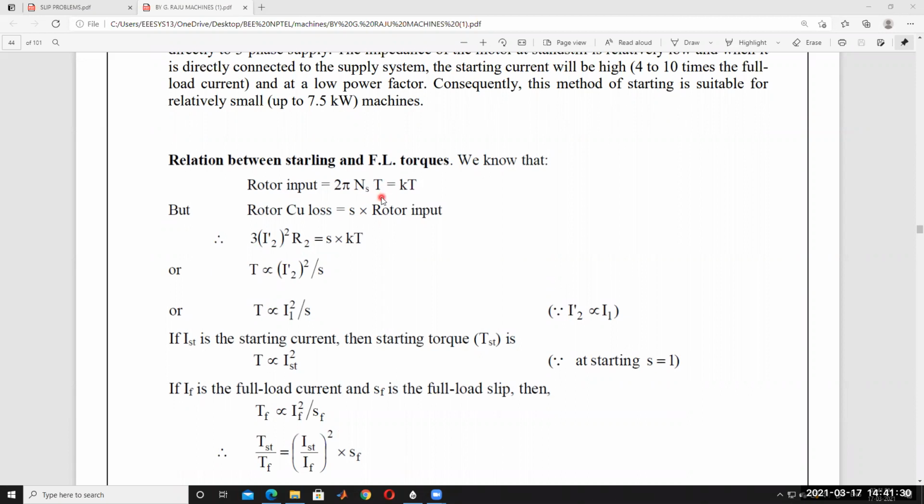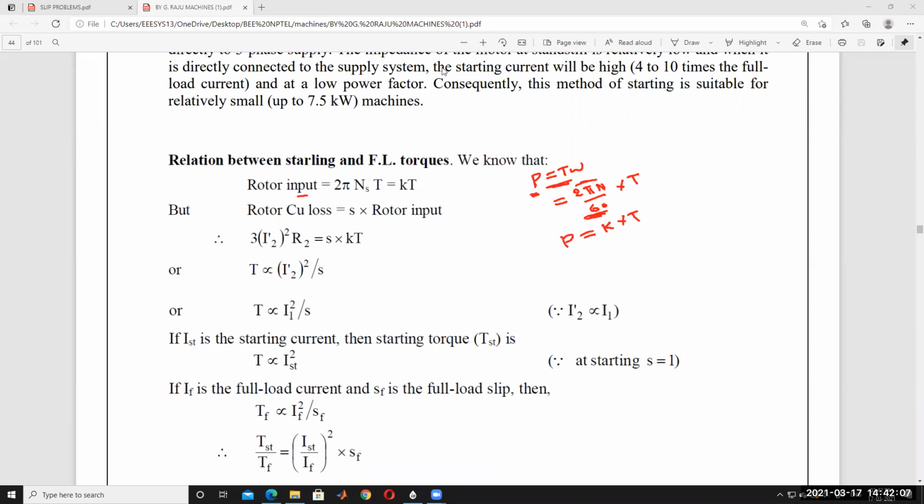Power is equal to torque into omega, where omega is 2 pi Ns by 60. So power is equal to K into T, where K is a constant.